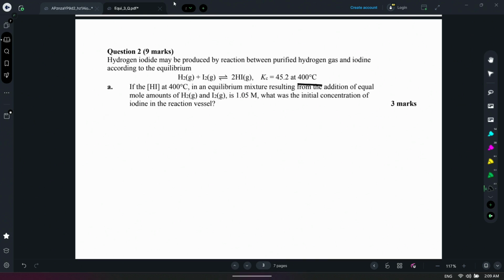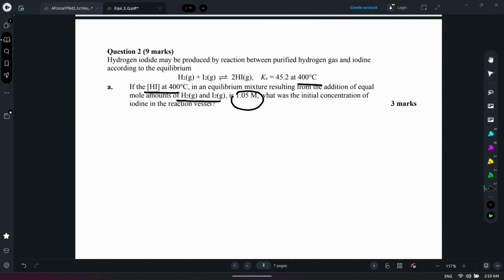Now, according to this question, if the HI concentration at 400 degrees in an equilibrium mixture resulting from an addition of equal moles of hydrogen and I2 is 10 of IM.